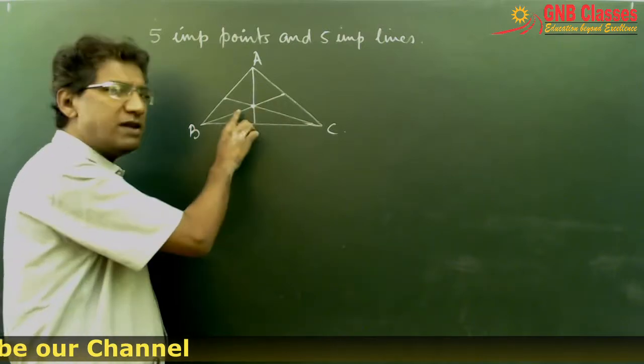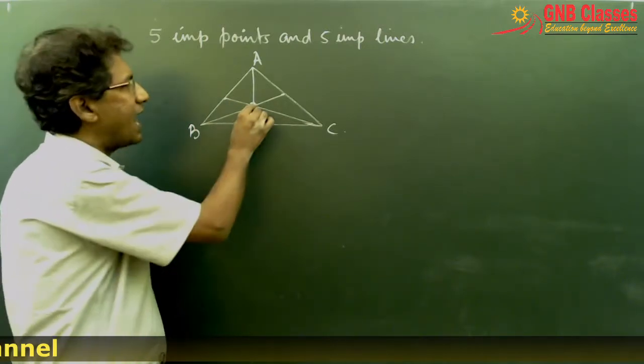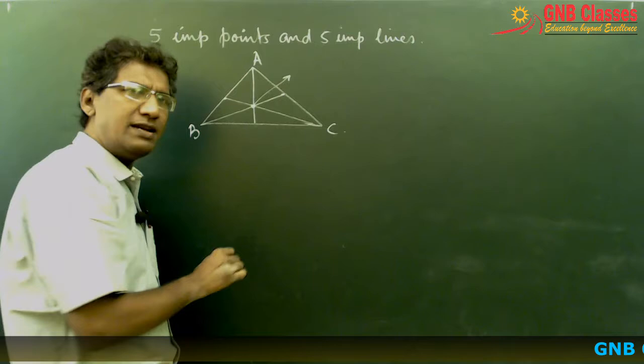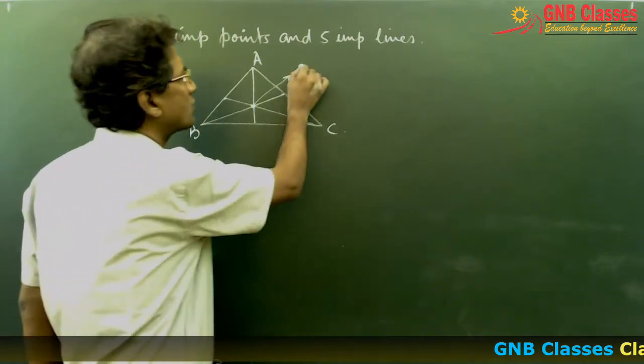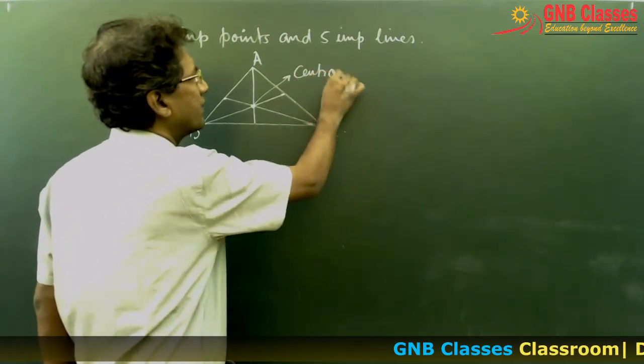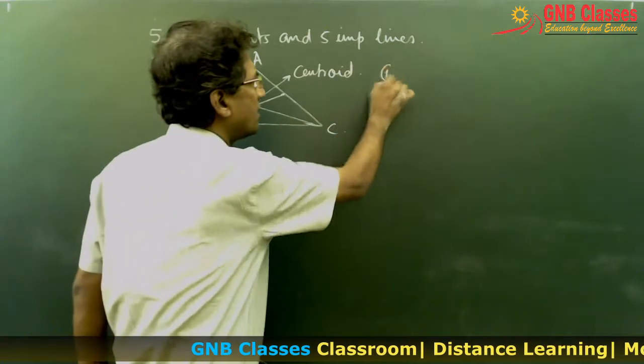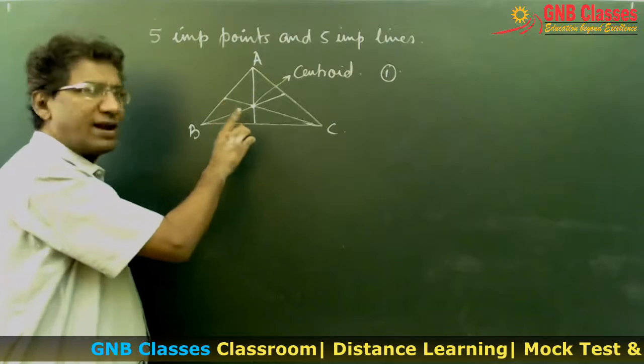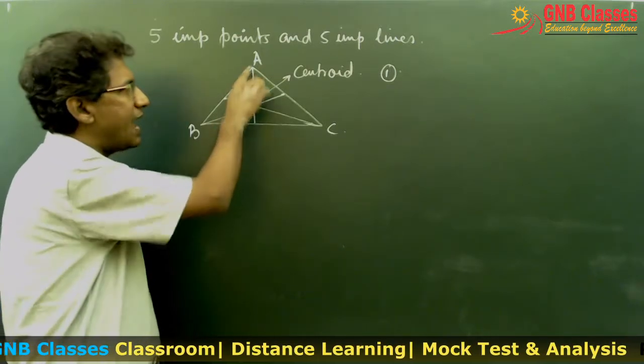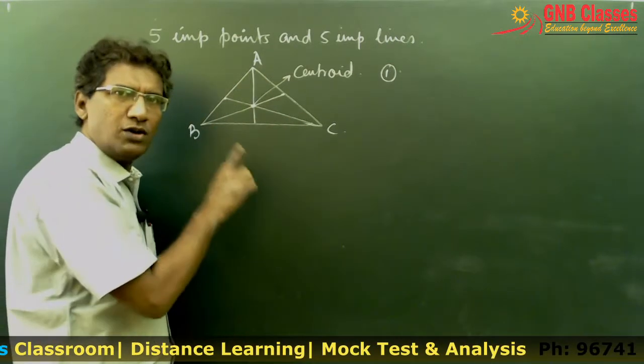That is, these 3 medians will be concurrent, and this point where the 3 medians are intersecting is what is called your centroid. Is it clear? So, this is the first important point, which is called the centroid, and the lines are what are called your medians.